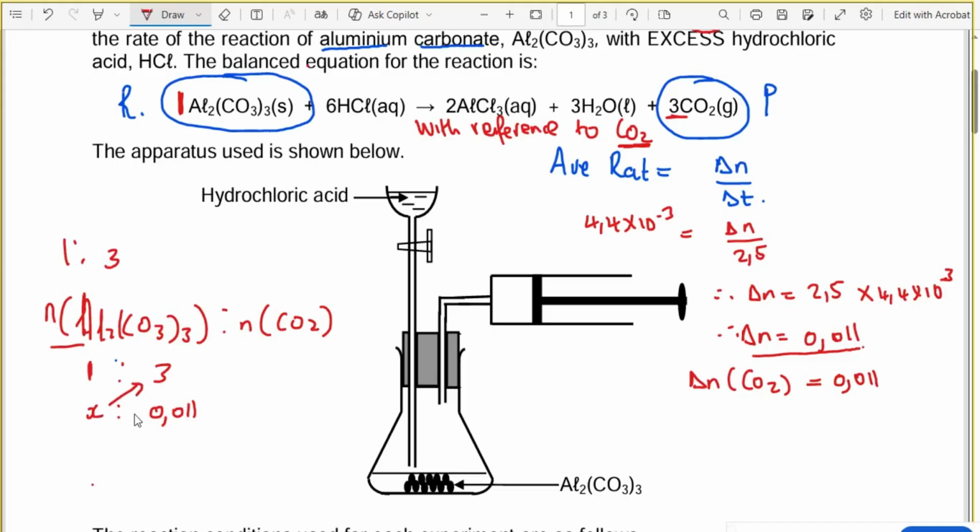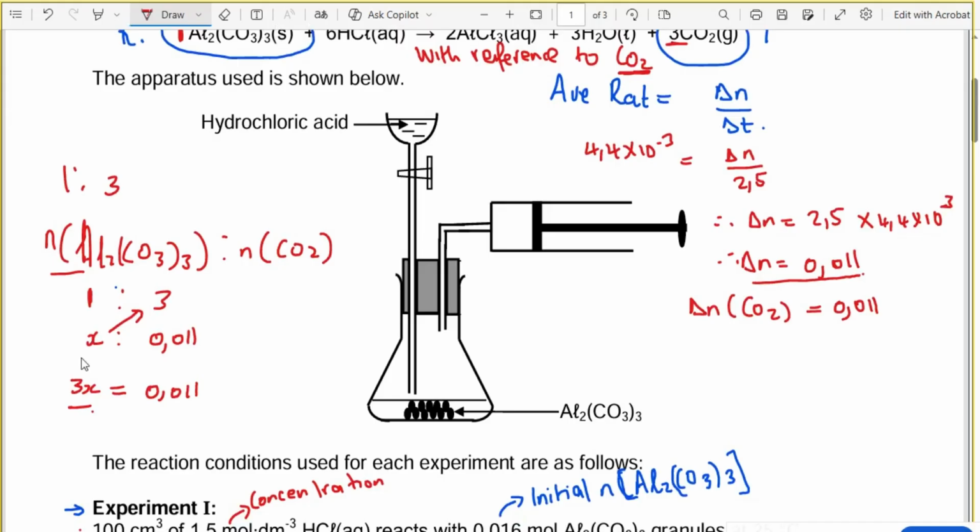We just have to cross multiply. This times this times that, okay? So this will be 3X, equals 1 times that, which is 0.011. We are looking for X, which is the number of moles of that aluminum carbonate.